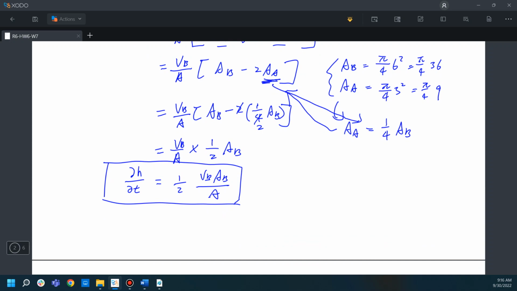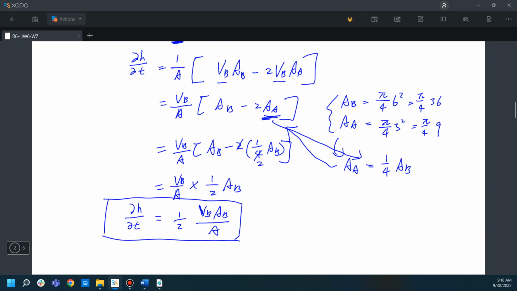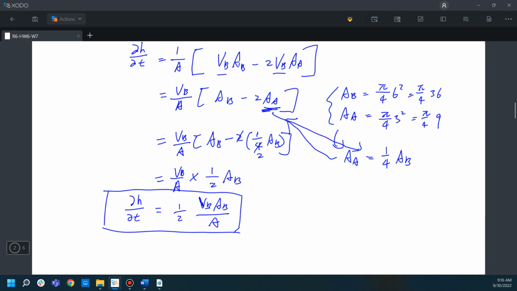So what this tells us, we know that the velocity of B is a positive number, and this area is also a positive number, and this area of the control volume part is also a positive number. So this entire term is a positive term.